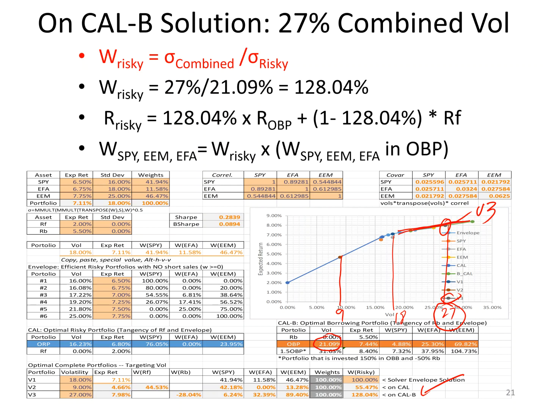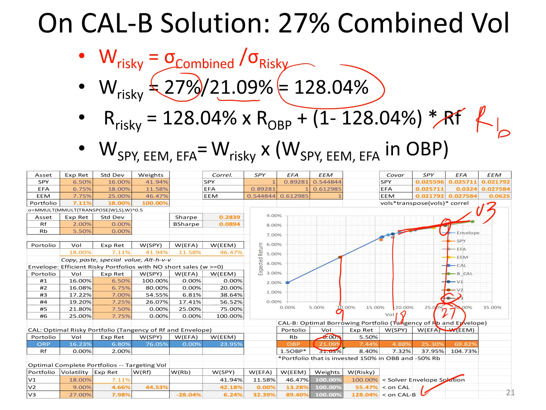We're going to take our target 27% for our combined or complete portfolio, divided by the volatility of that risky portfolio, 21.09. That means we're going to invest 128% of our money in our risky portfolio. 1 minus that is going to be invested in our, not RF, but our RB in this case.